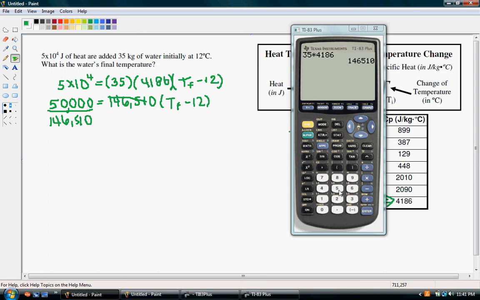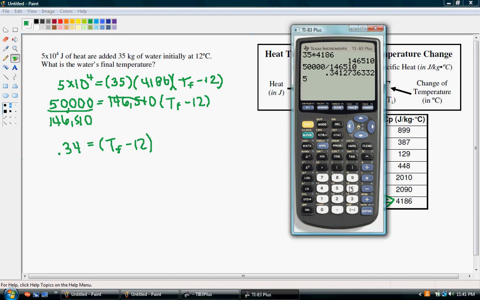So 50,000 divided by 146,510, and we get 0.34 equals our final temperature minus 12.